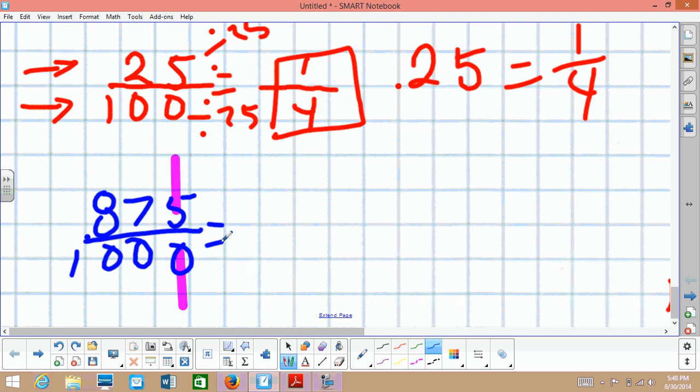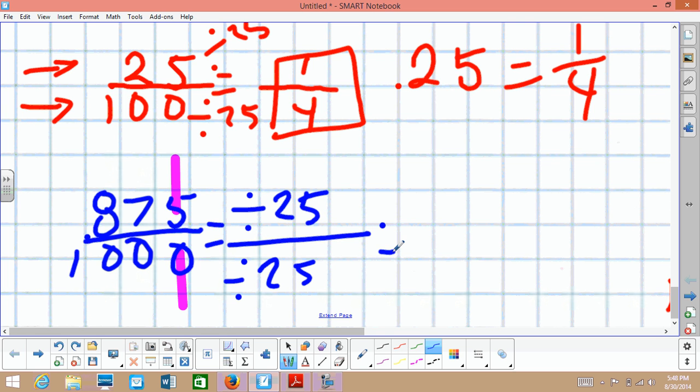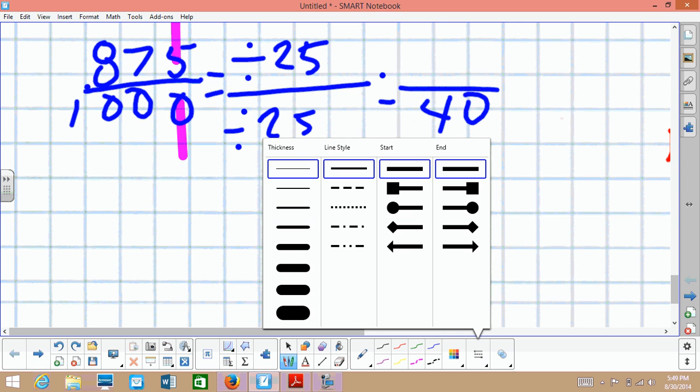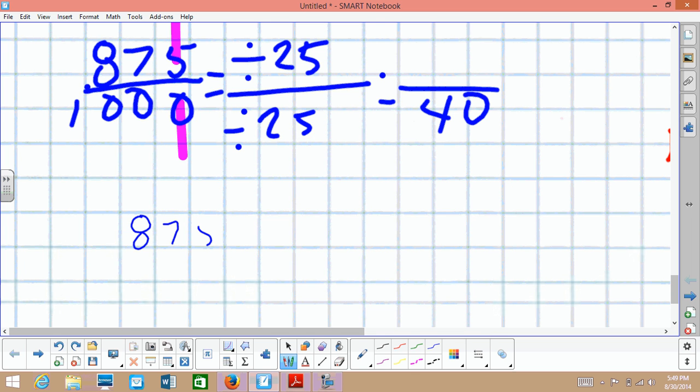Can you reduce it by 25? I think that's possible because 75 is divisible by 25. So let's see if we can divide both by 25. Divide both by 25, and here you will get 40. And you're probably wondering how I do the other one. If it's too much, we're going to do it down here. 875 divided by 25. 25 goes into 87 3 times.